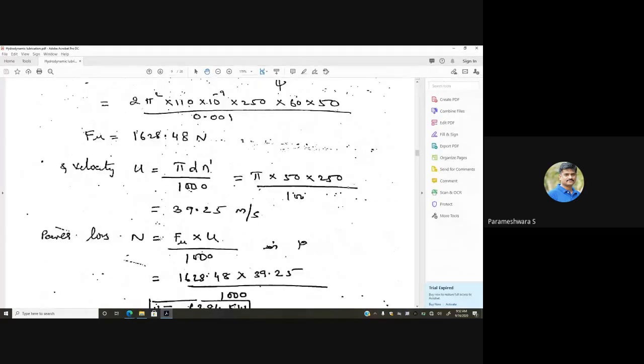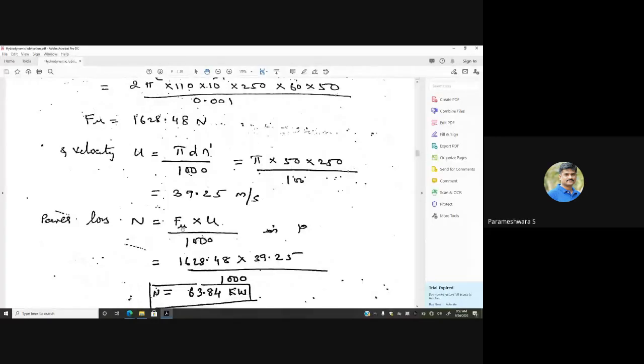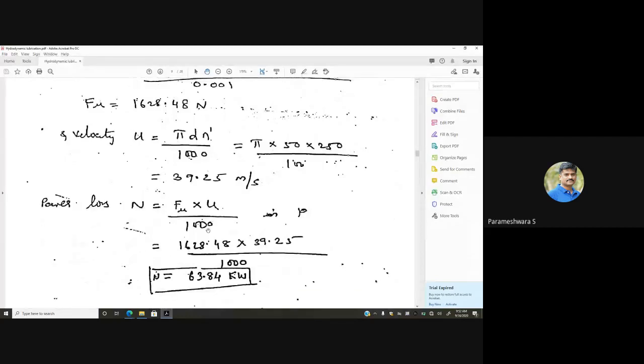Then velocity U is equal to pi D N dash over 1000, that is in meters per second. Put that velocity here in the power loss. So you will get the power loss, that is 63.84 kilowatts. Look at that, huge power loss is taking place. 63.84 kilowatt.